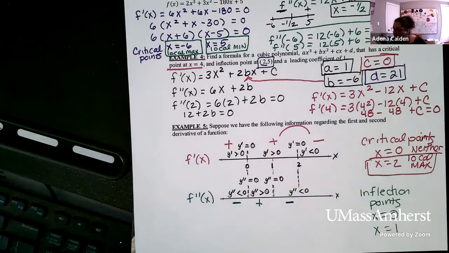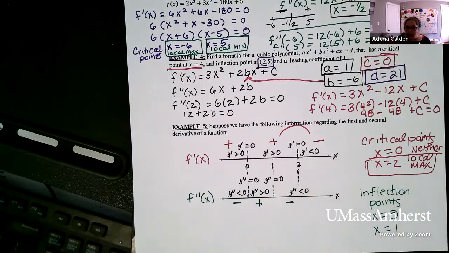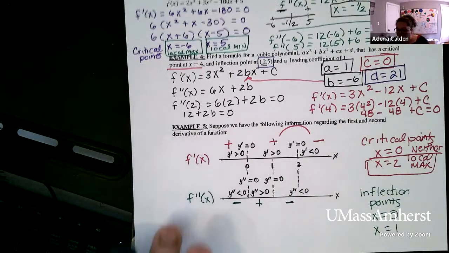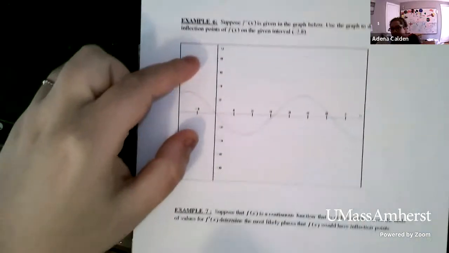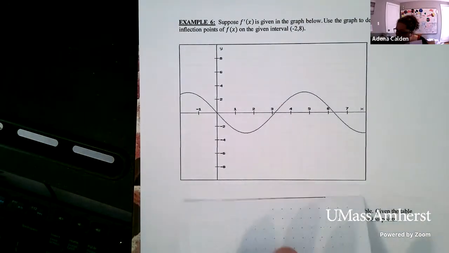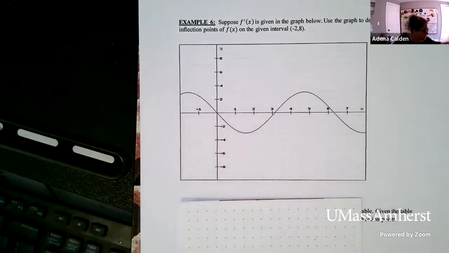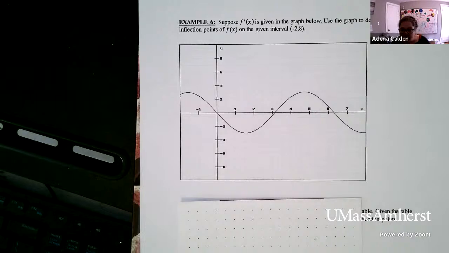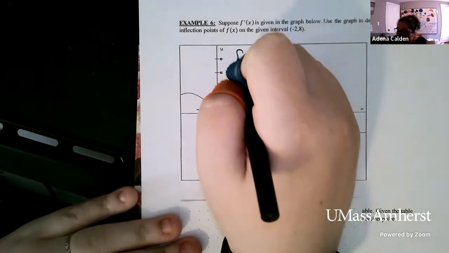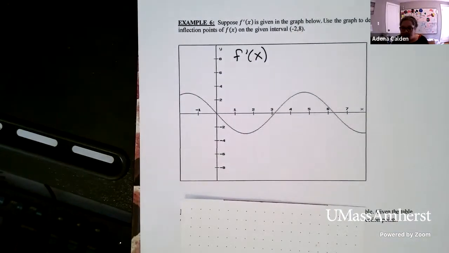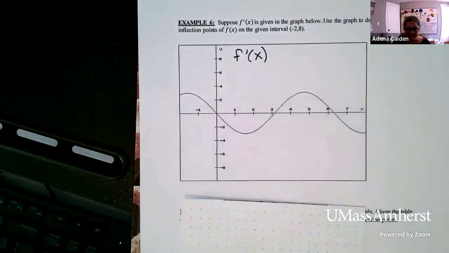As we continue thinking about how we analytically apply these rules, the next example we're going to look at is this graph. It may look familiar because we looked at this graph in the last class to talk about things like critical points. What are we trying to do here? We have a graph of the first derivative of a function, and it spans the interval -2 to 8.